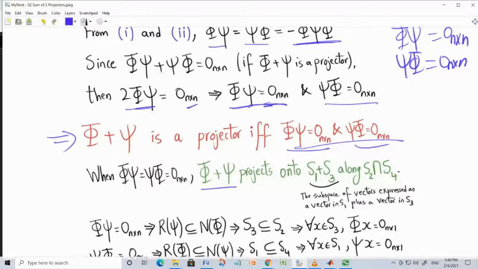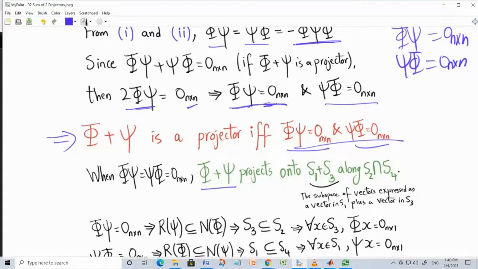Remember, S2 is the null space of phi, and S4 is the null space of psi. And what is the range of phi plus psi? It's S1 plus S3. What does it mean to add two subspaces? S1 plus S3 is the subspace of vectors that can be written as the sum of two vectors, one living in S1 and the other in S3.